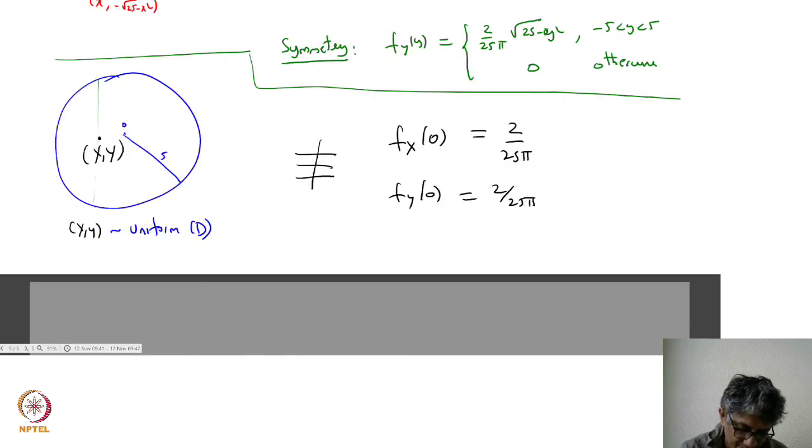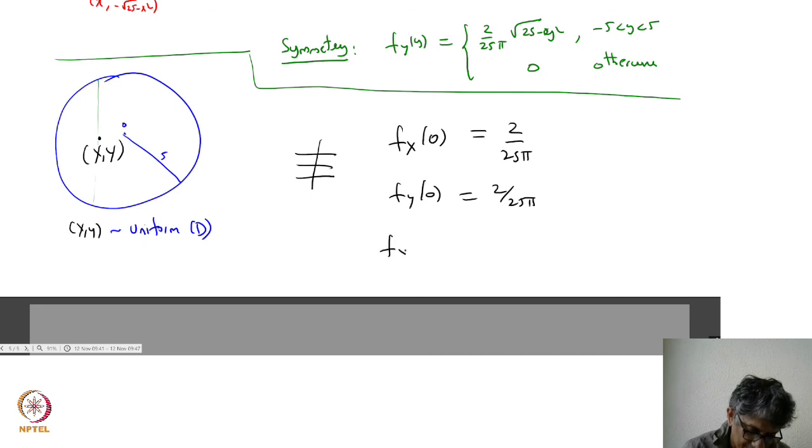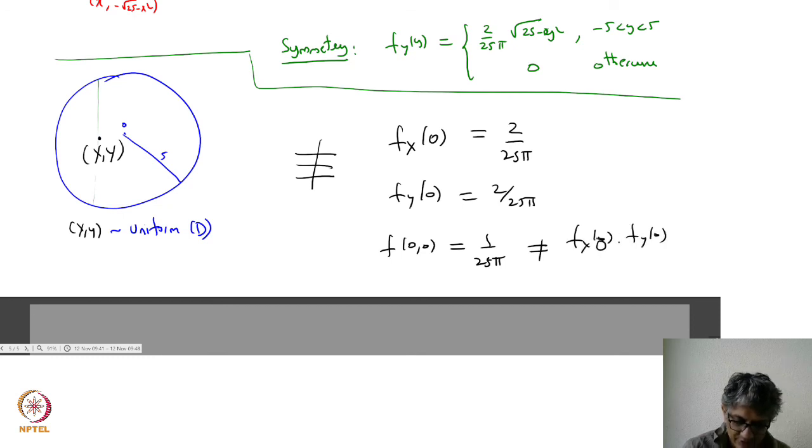And the joint density at (0, 0) is 1 over 25 pi. And that's not the same as f sub x at 0 times f sub y at 0. So x and y are not independent.